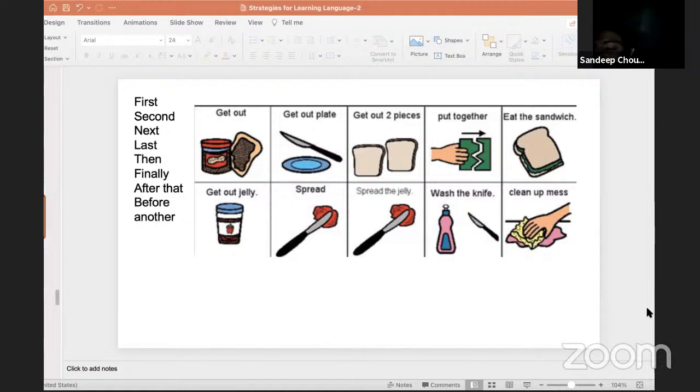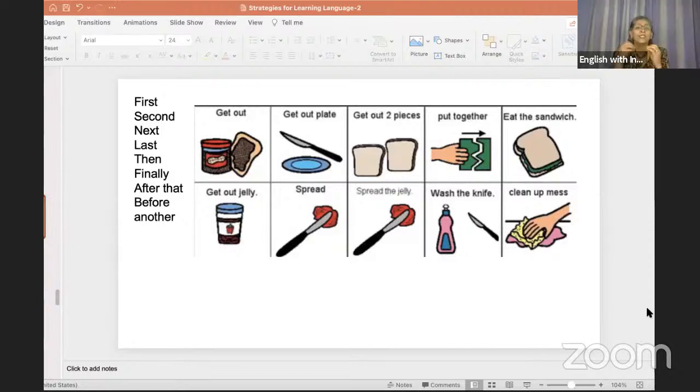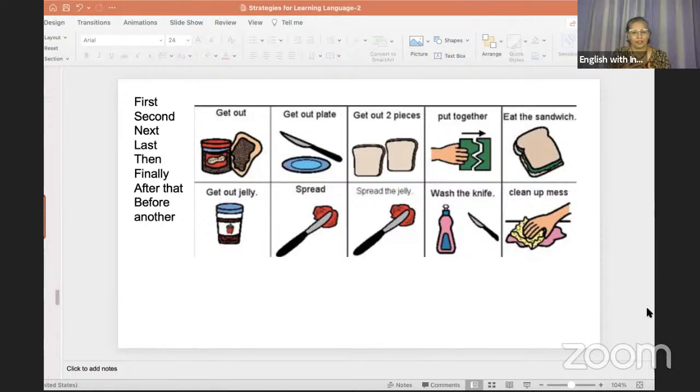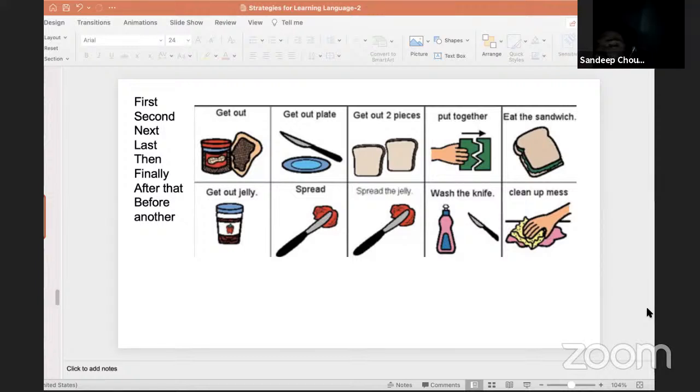I was more concentrated on speaking than picturizing. Right, exactly. This is fine, but this is a skill. This sequential order skill is a real life skill. You do the things in order, right? So that's why it was like a practice.